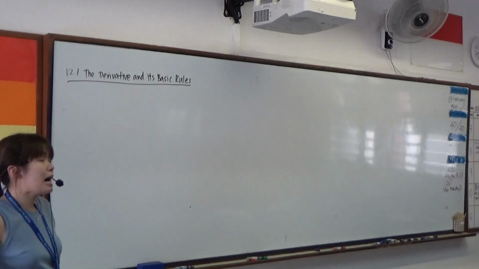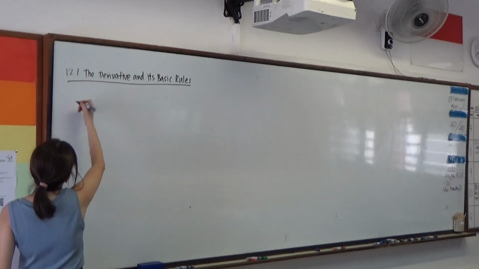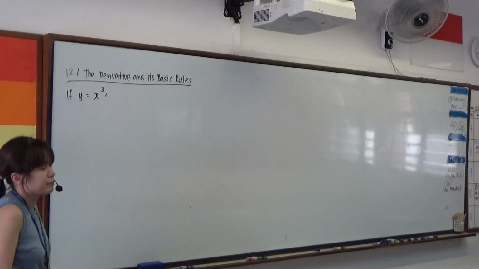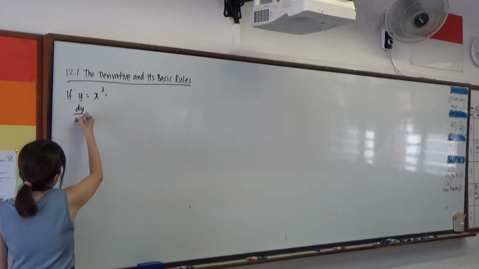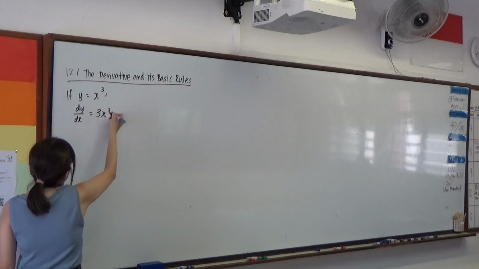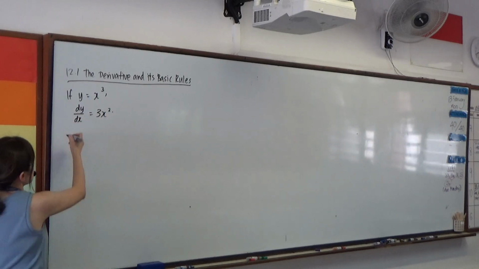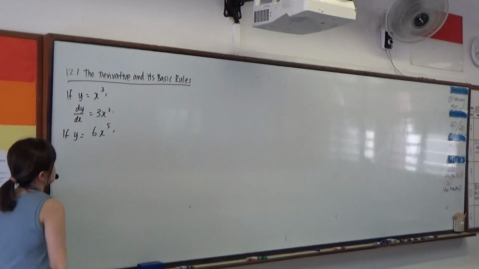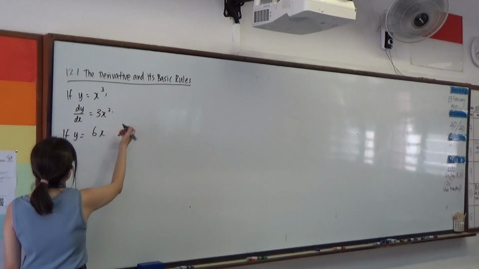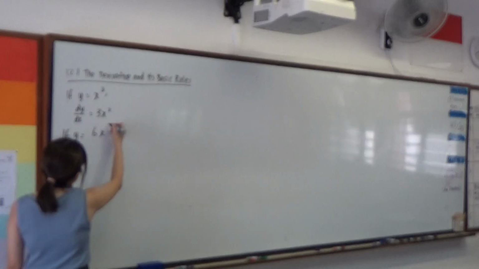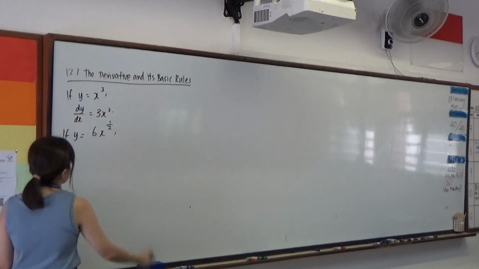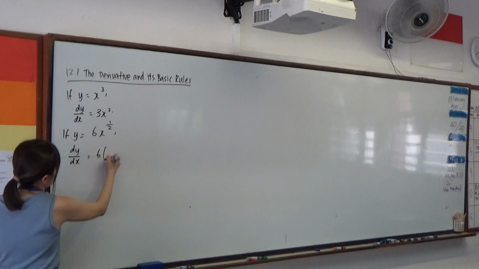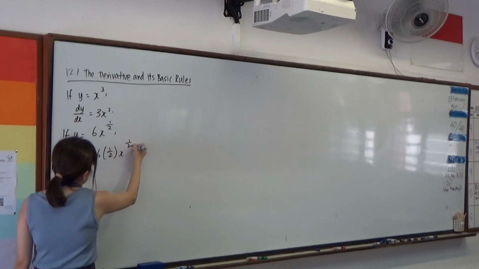Okay, so in our power rule itself, what we learned was that if y equals x to the power of 3, our derivative dy over dx will be 3x squared. And then if y equals 6x to the power of, maybe not 5, let's choose half, dy over dx will be 6 times half, x to the power of half minus 1.